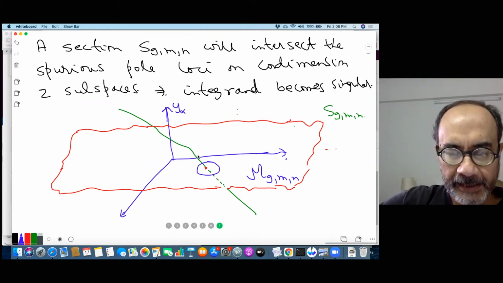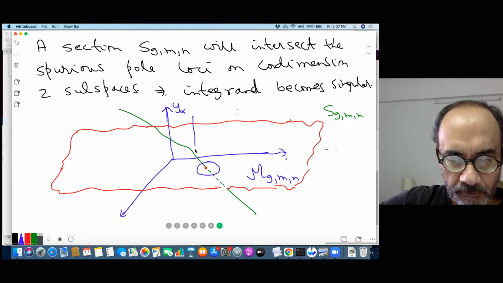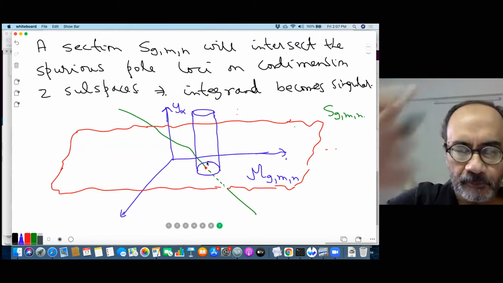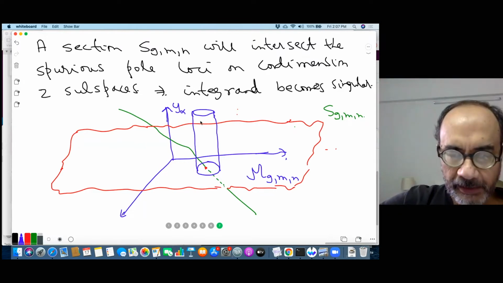Then we are going to erect a vertical cylinder on this, so that the cylinder passes through the spurious pole locus, and after that you can close it off.